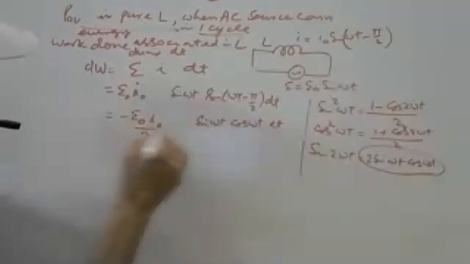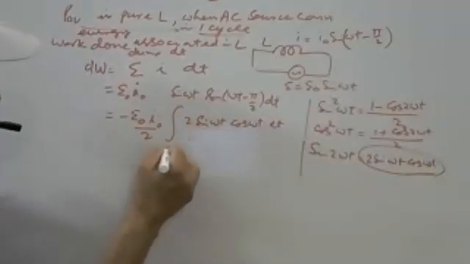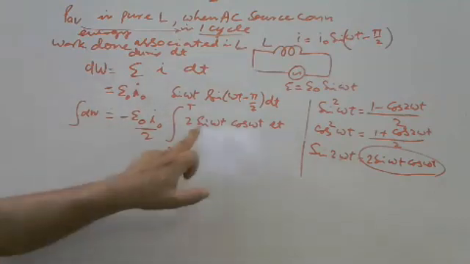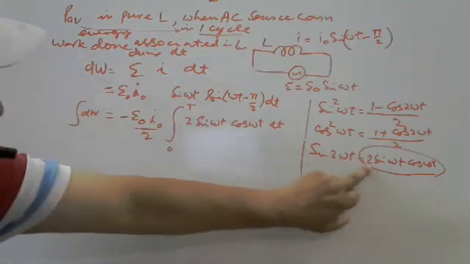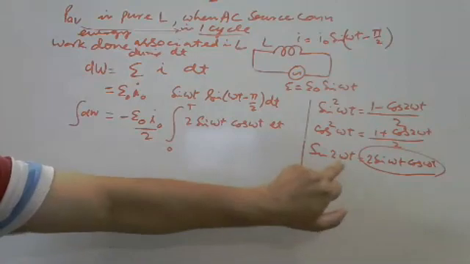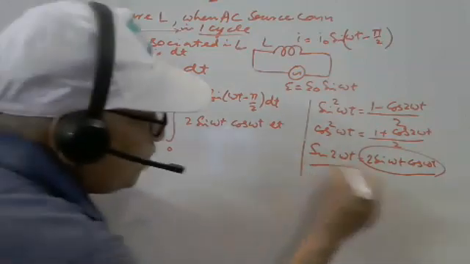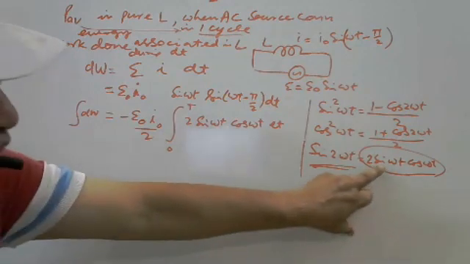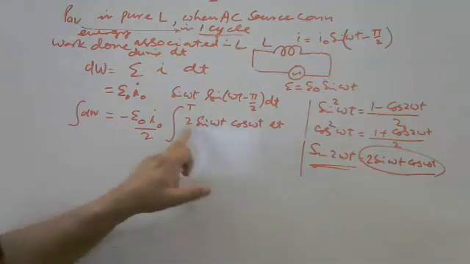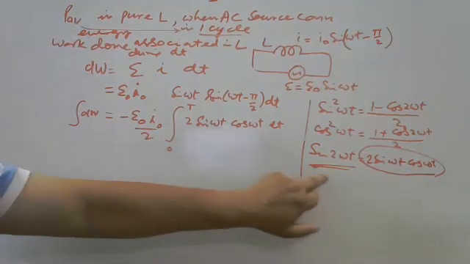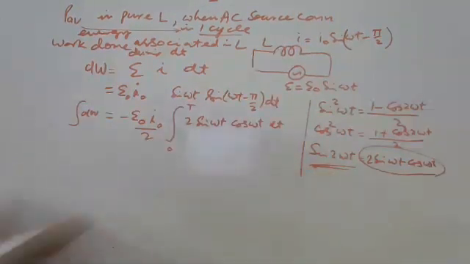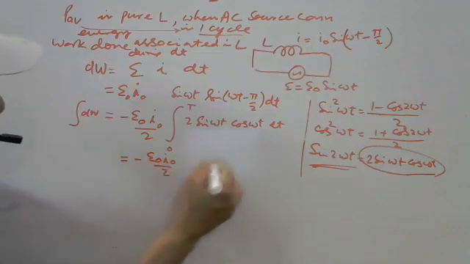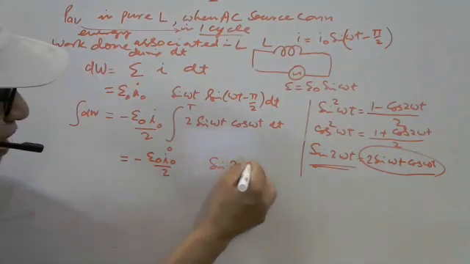If you multiply and divide with this and integrate 0 to t for total work done, sin omega t cos omega t can be written as sin 2 omega t by the half angle formula. So here it can be written as sin 2 omega t dt.